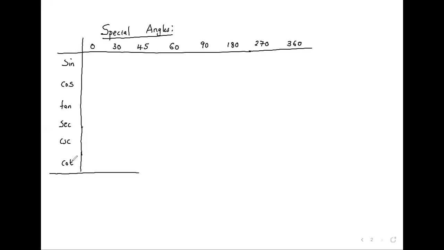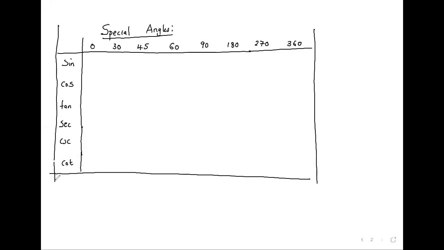So let's talk about the first ones. On the quadrant, we have 0, 90, 180, 270, 360. Now we want to pick a unit circle. So we put a unit circle here.